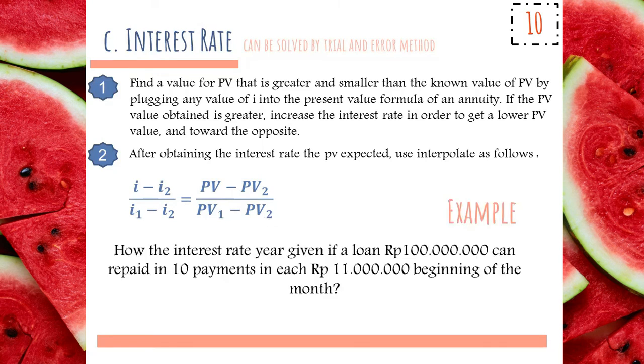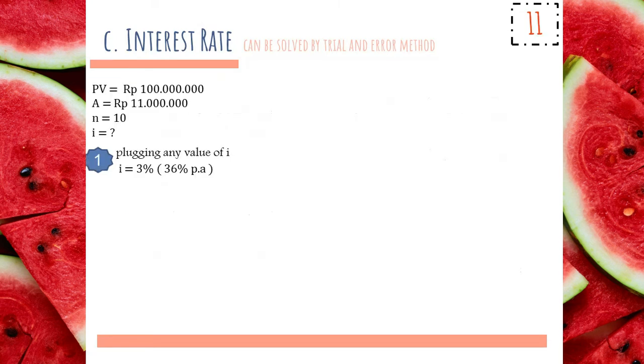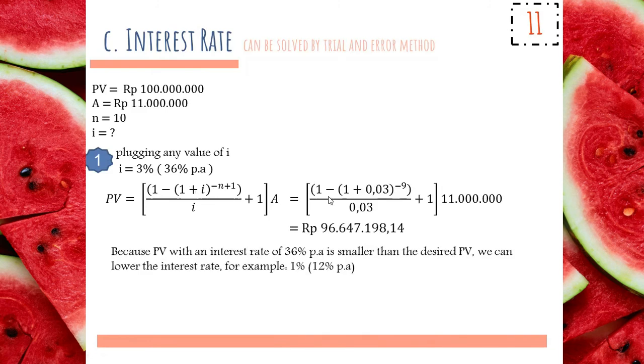This is the example. The first step, plugging in any value. Example, i equals 3% or 36% per annum. So we use the formula of PV and we get a PV of 96 million rupiah.